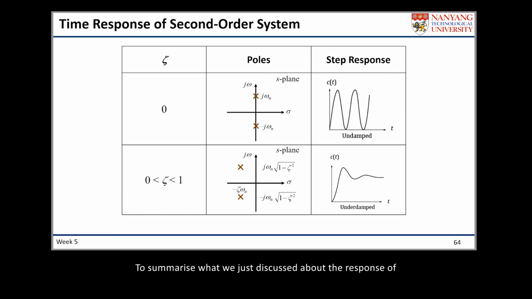To summarize what we just discussed about the response of different types of second order system, you can see the summary on this table. When zeta is equal to 0, which means we have undamped system, you will have imaginary conjugate poles, and the step response is always oscillating. The amplitude never decays.